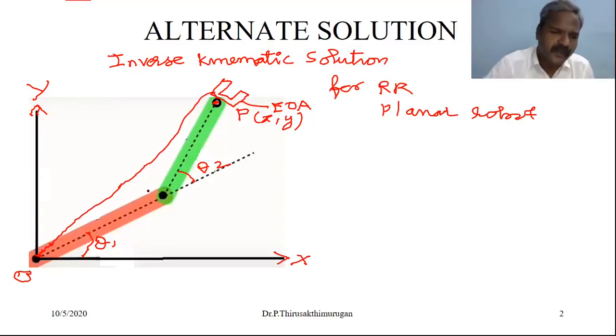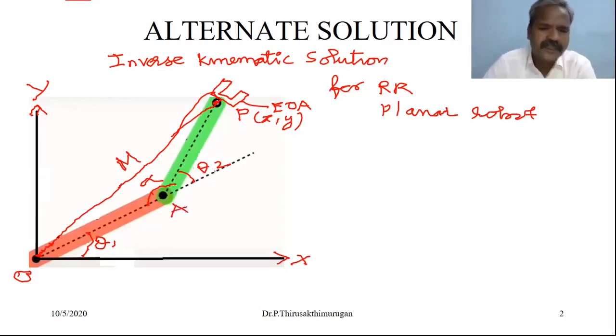I am considering this angle as alpha. This angle alpha, this hypotenuse, consider OP. Sorry, this is not well drawn. So OP is side M. Say this point is A. So here we consider OAP or OPA. This is a triangle.